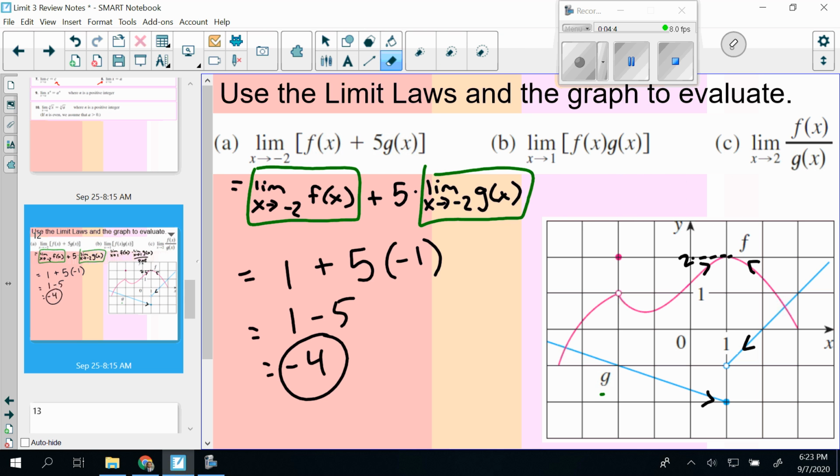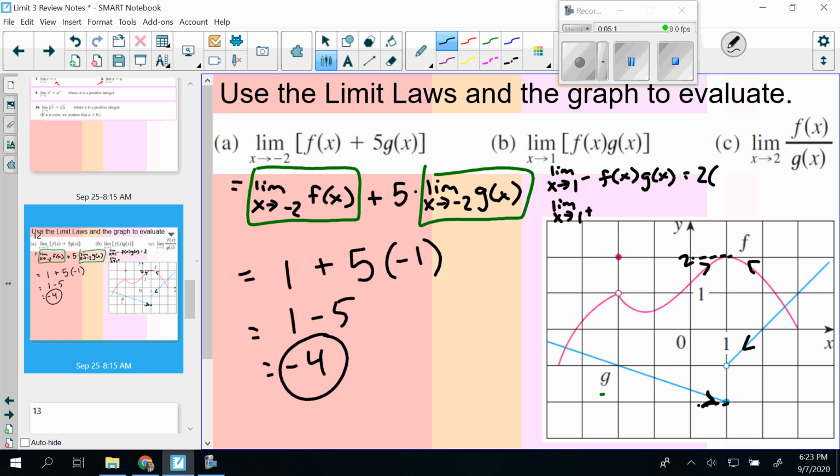So if you did have one like this, you would want to go back to the definition and see what the limit is as you approach 1 from both the left and right, and see whether both are going to be equal. From the left, f would be approaching 2, and g would be approaching this y value of -2, which would equal -4.